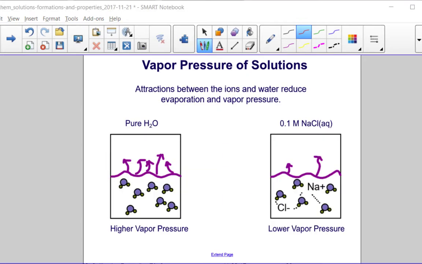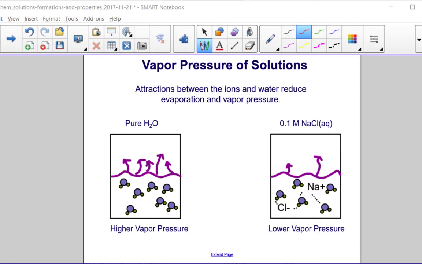Here we see attractions between the ions of sodium chloride and water that reduce the evaporation of the water molecules and therefore the vapor pressure. On the left, you see just pure water. Once the hydrogen bonding between the water molecules is overcome, the water molecules can evaporate and exert a vapor pressure at the top of the liquid.